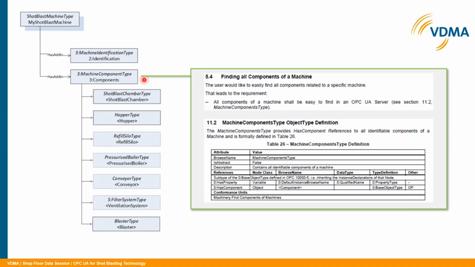And this component folder is ensuring that every higher level system, every MES system that doesn't know the companion specification for shot blasting technology can find the components of a specific machine in a standardized way. So on the right side in the box, you find the information from the machinery specification for the machine components type. So this machine components type is fulfilling the use case to find all components of a machine.